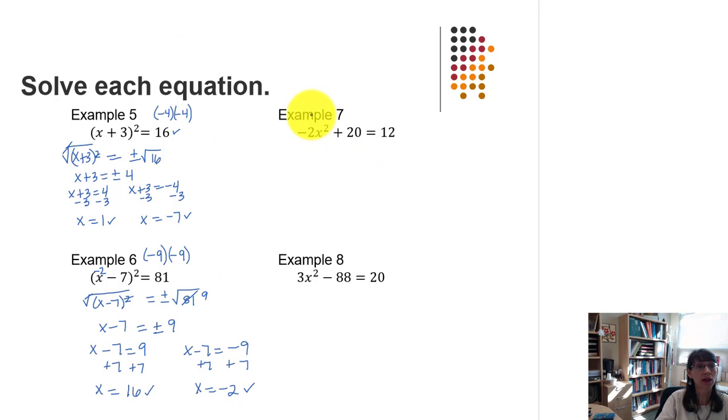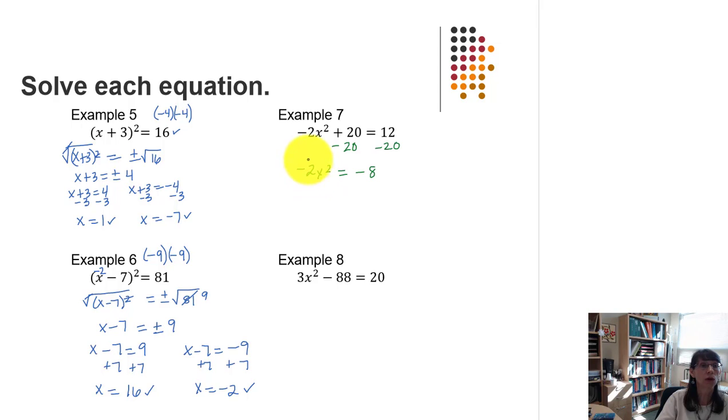In example 7, we don't see a quantity squared here, but I do see a term that is quadratic, or raised to the power of 2. So what we need to do here is first isolate the term that has the quadratic. That involves subtracting 20 from each side of the equation first. Negative 2x squared now equals negative 8.